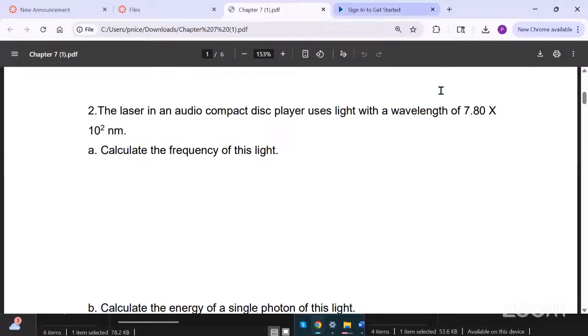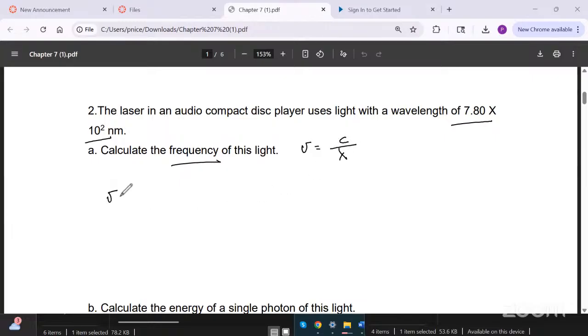In the case of number 2A, they gave us the wavelength, 7.80 times 10 to the 2 nanometers, and the question is asking for the frequency. So in this case, the frequency nu will be equal to c over lambda.